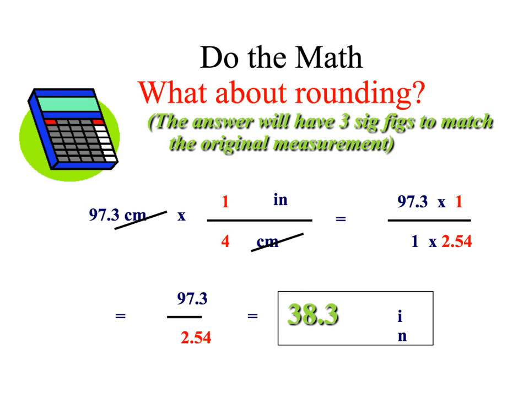Well, I'm going to round this number that the calculator gives me to 3 significant figures because I'm going to match the 3 significant figures that's in the original measurement. You don't have to worry about rounding just yet. I'll show you how I'm rounding as we go through some problems, and then I'll expect you to understand the rules for rounding a little bit later.